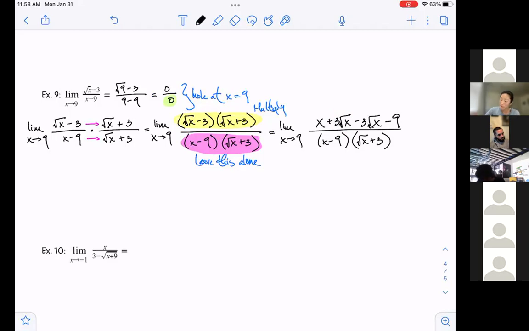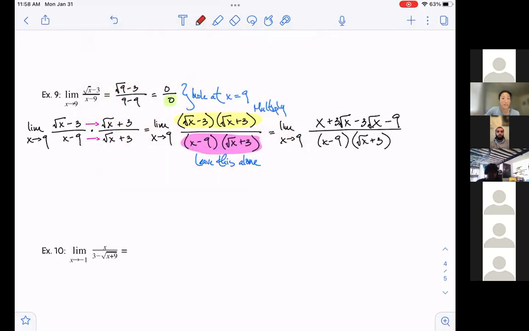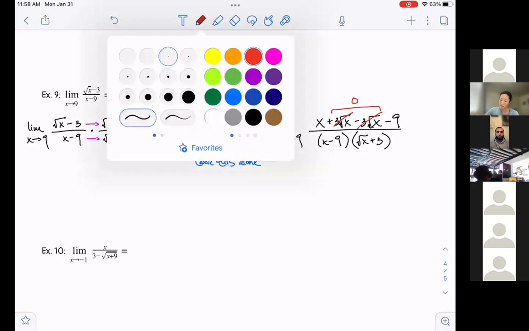Okay. Dan was able to jump straight to this answer, which is great. Because when we did it sort of this long way, this plus 3 square root of X and minus 3 square root of X, that goes to 0. Okay.